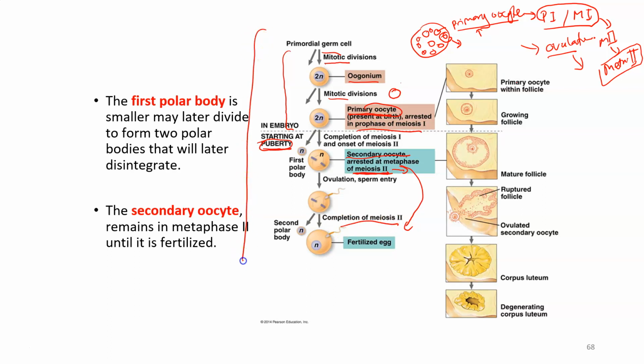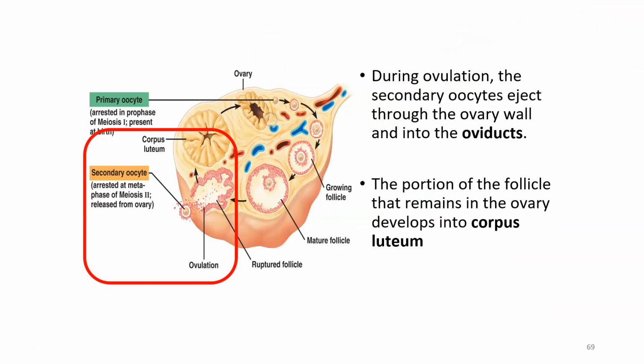So you have to know the stages of the formation of oocyte in the process of oogenesis. Okay, so that is the answer for question number 2. A woman's immature egg cell does not undergo meiosis 2 until she reaches puberty.